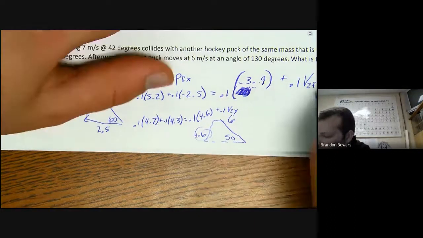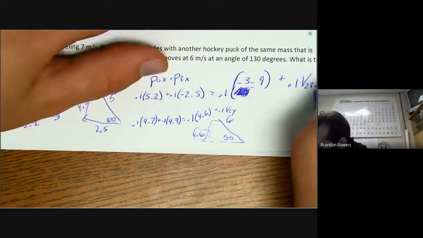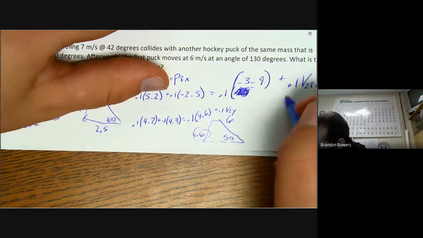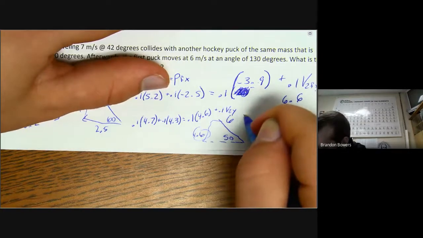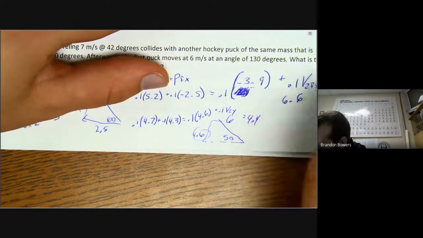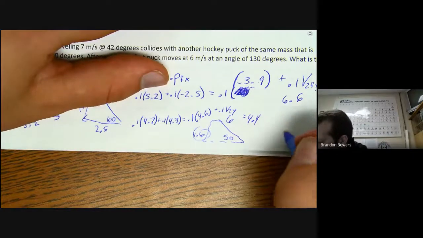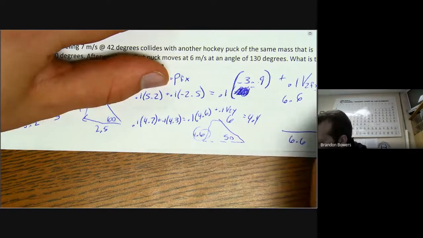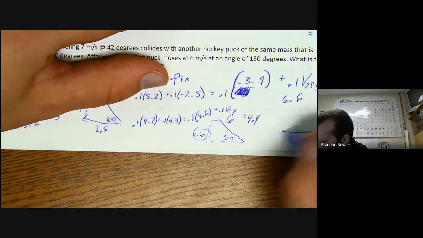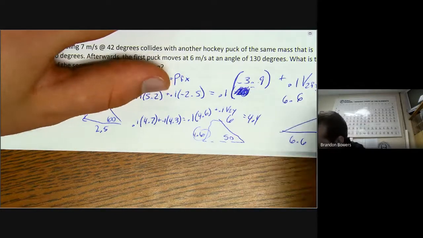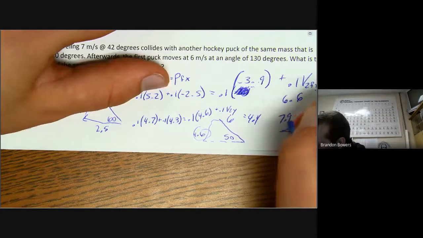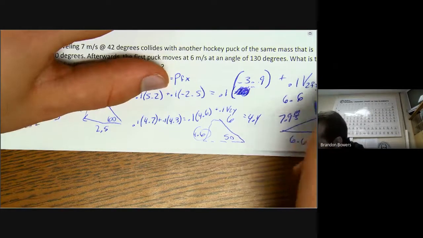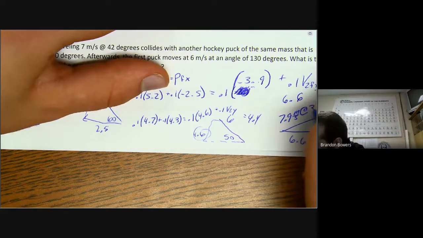When you find your velocity, x should have been 6.6, y should have been around 4.4. So x 6.6, y 4.4. When you solve for your hypotenuse, you should get around 7.9 meters per second, and the angle should be around 34 degrees.